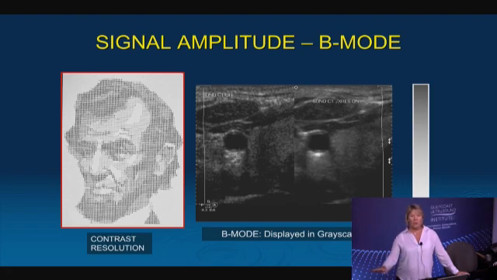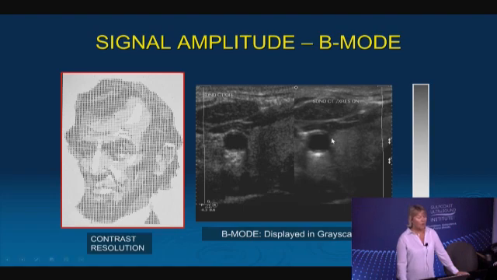But if you're going to be doing an abdominal or GYN or those types of exams, then you're going to have more shades of gray. It's going to look different. And the reason for that is the more shades of gray that we have, the better detail we have to see subtle changes in echogenicity within solid organs that may make the difference whether you say that's normal or abnormal.